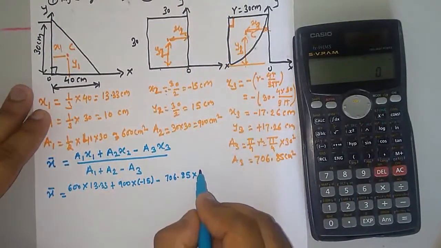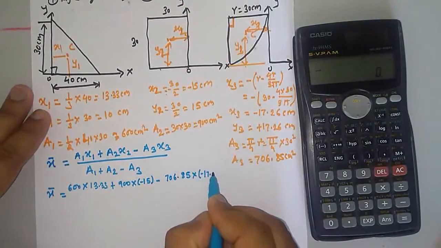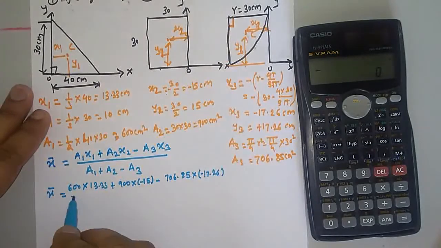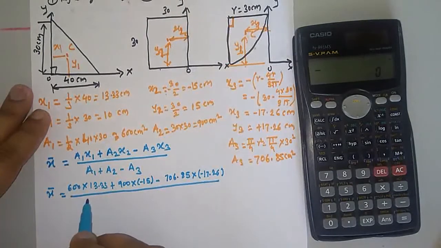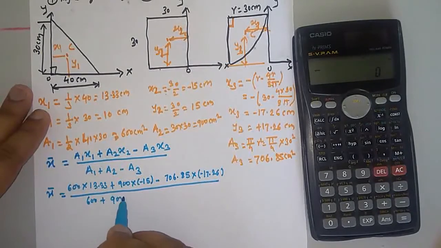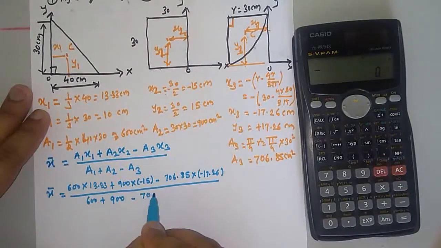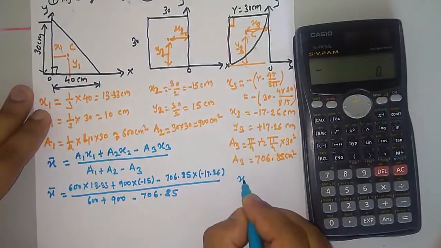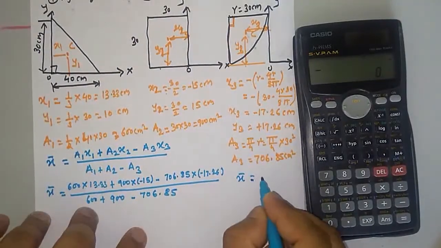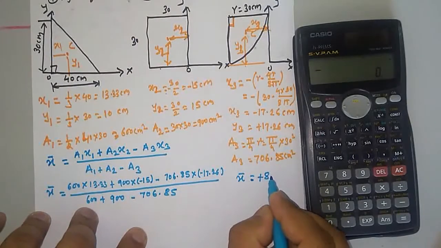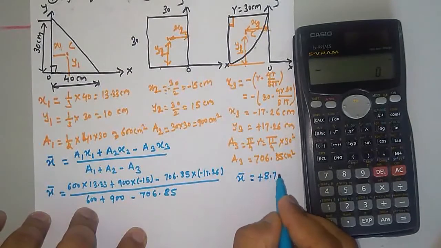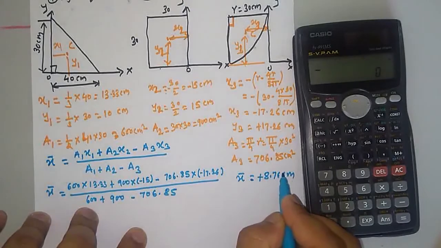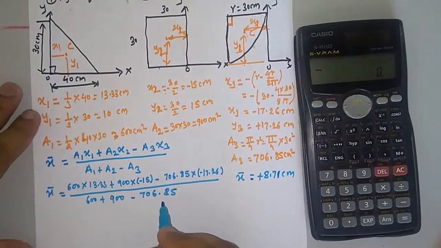What is x3? It is also minus 17.26, divided by a1 600, a2 900, minus a3 706.85. Okay, solve this and you will get the x bar value. The x bar value is plus 8.71771 centimeter. You will get this answer.